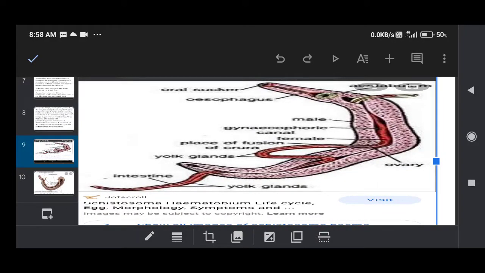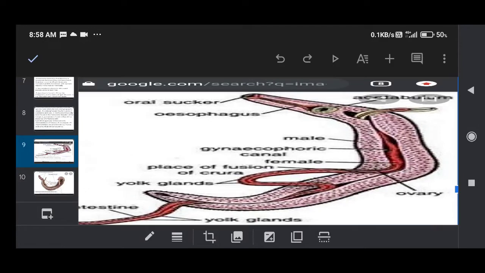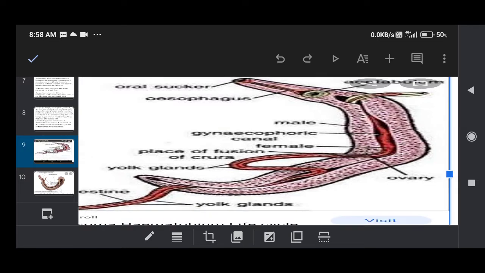The male is thick and the female is thin. Anteriorly, there is an oral sucker, and below it the esophagus. Below the esophagus, there is an acetabular or ventral sucker.